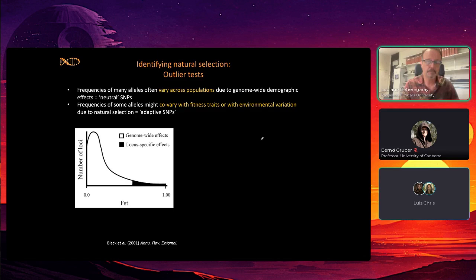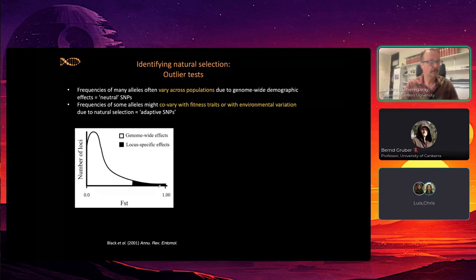So the first main group are the outlier tests. The idea here is that in addition to genome-wide effects that we see from neutral variation in any data set, we also have locus-specific effects.